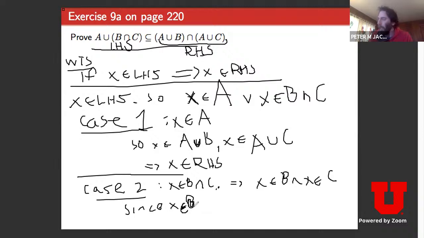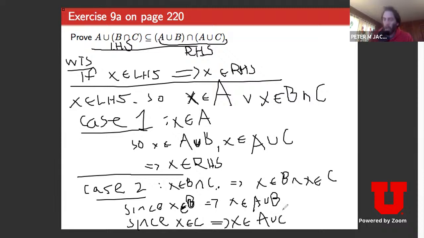Since X is in B, X is in A union B. So that means that X is in A union B. Yeah, okay. And then since X is in C, X is in A union C.